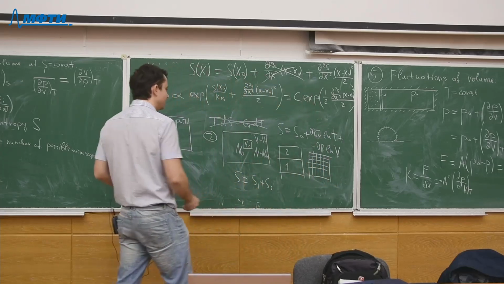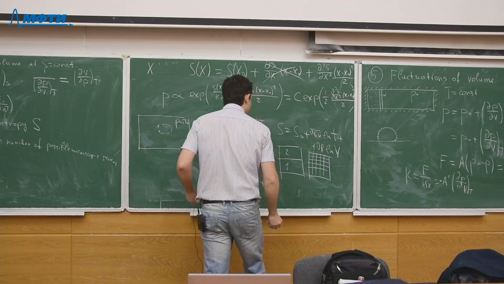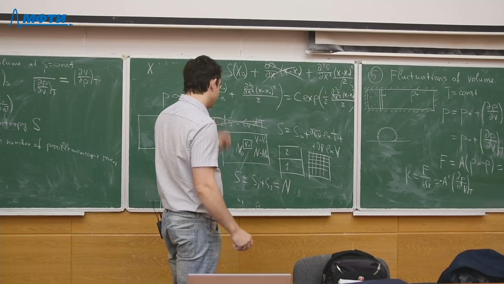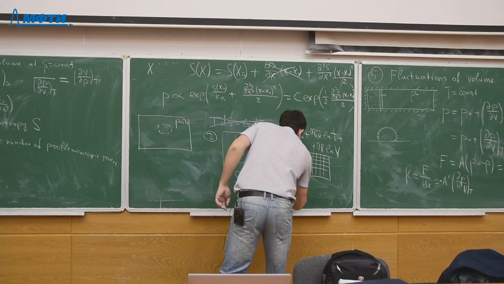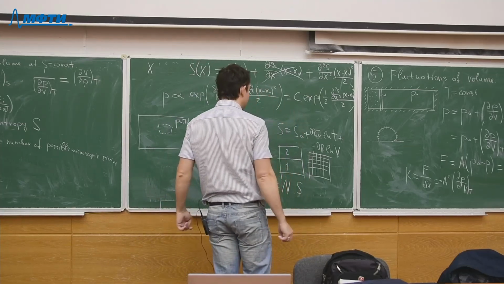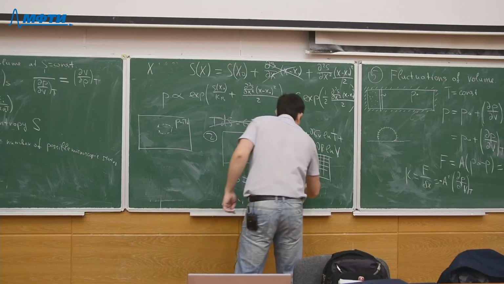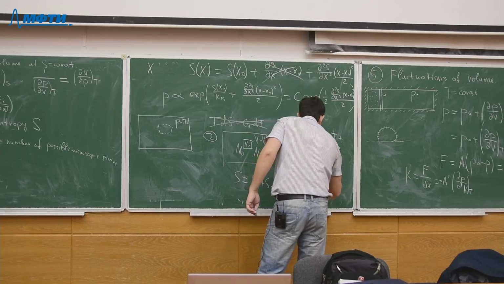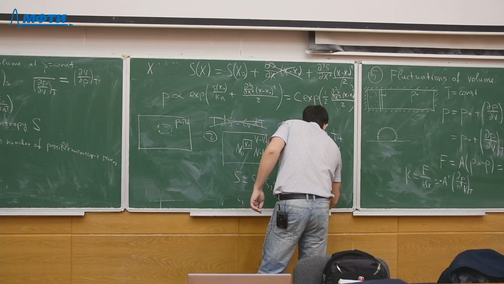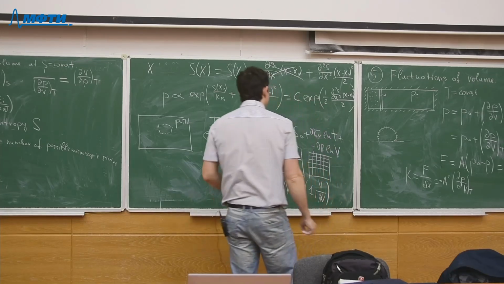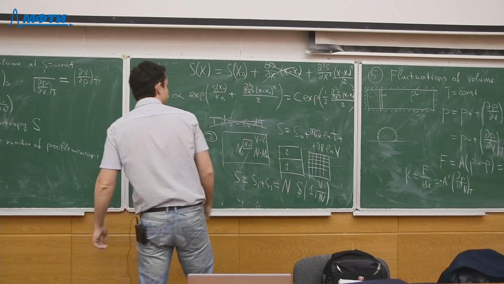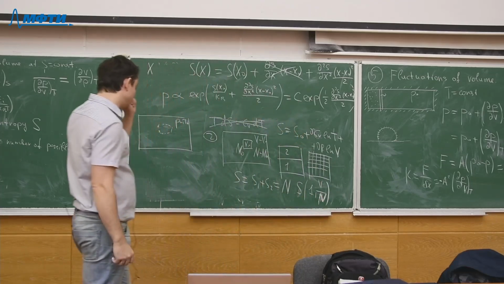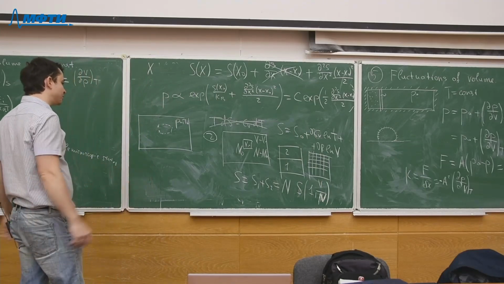So I can calculate the entropy as N, the number of particles of the gas, multiplied by the function of entropy calculated for one particle located in the volume V over N, since my entropy is an additive quantity. I have just used this property.